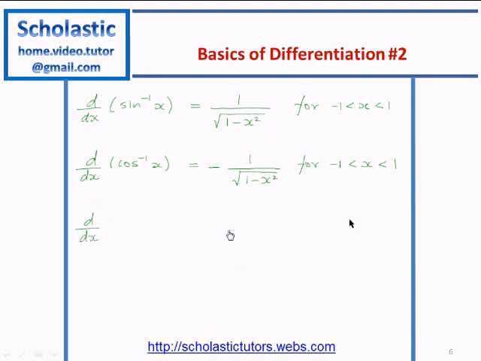Tan inverse x can be written as 1 over 1 plus x squared, and cot inverse x equals negative of 1 over 1 plus x squared.